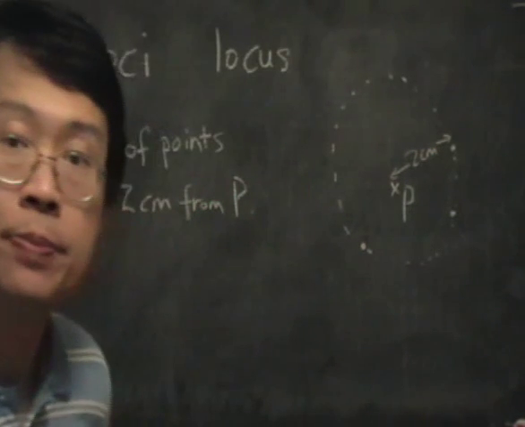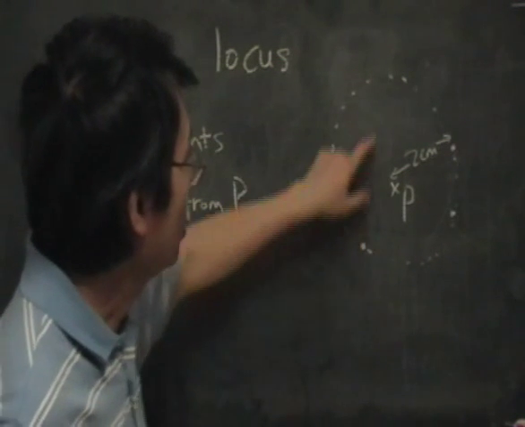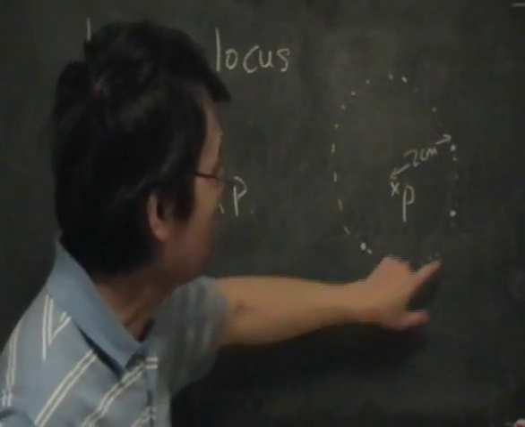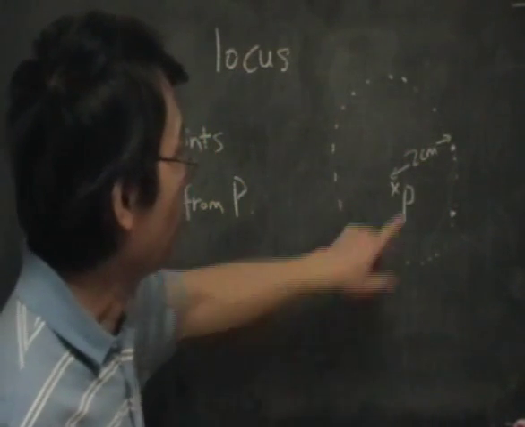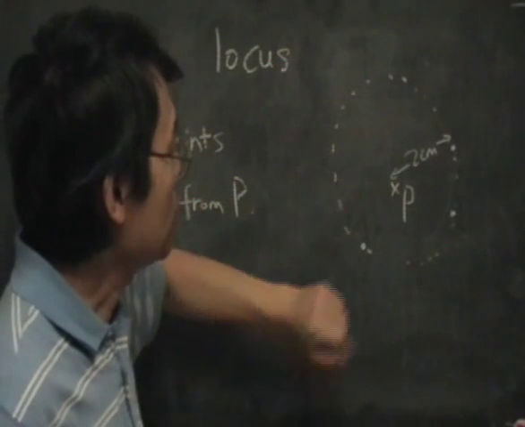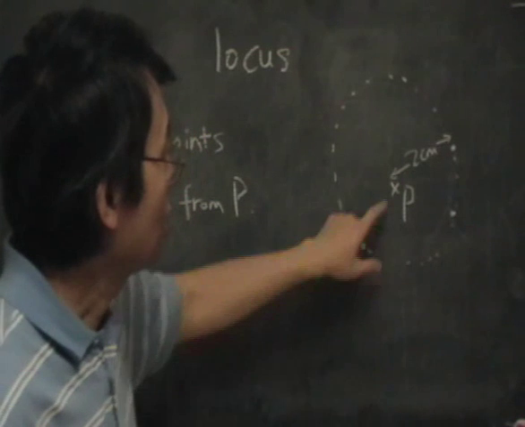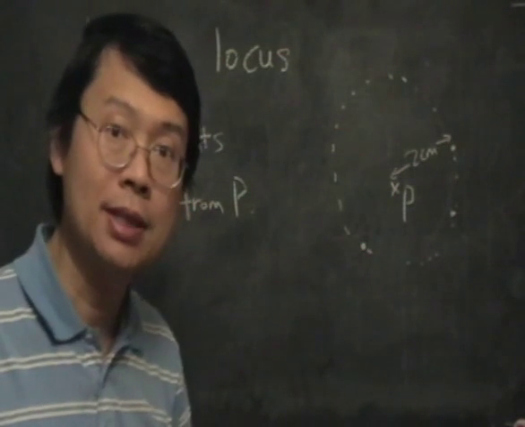A circle. And that's indeed what a circle is. On a circle of radius 2 centimeters, each point on the circle will always be at the same 2 cm from P, and P would be the center.